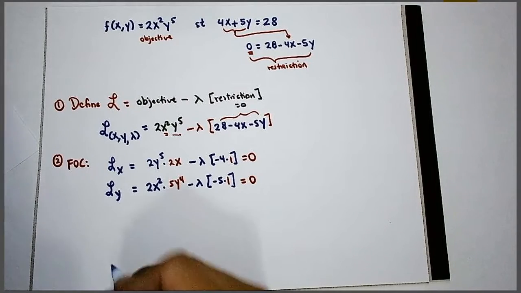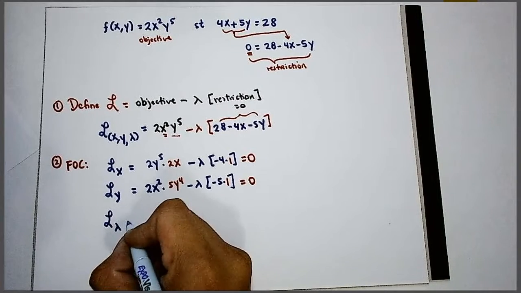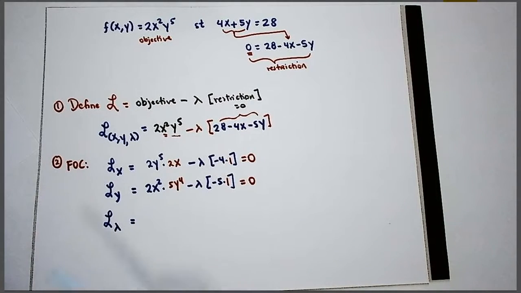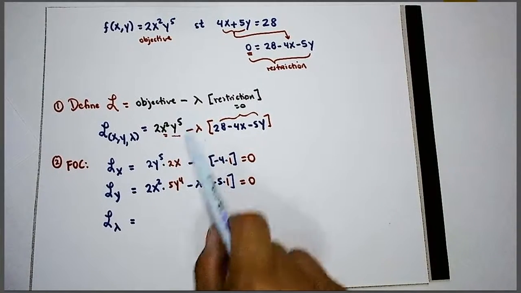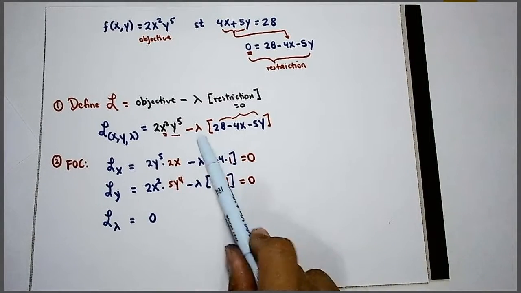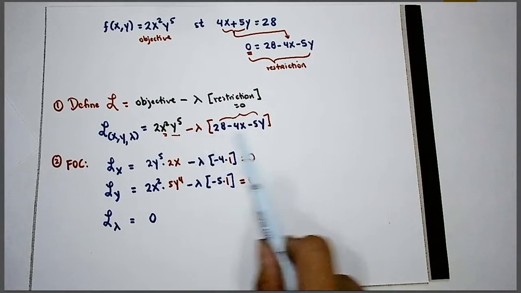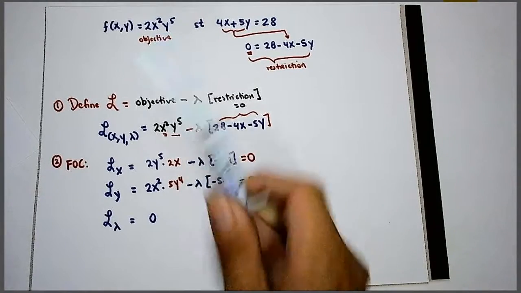And finally, we need the third variable. So the derivative of the Lagrange with respect to lambda. Notice that in this first case, the objective doesn't have lambda, so this is 0. And then between these factors, the only part that has lambda is the first part.